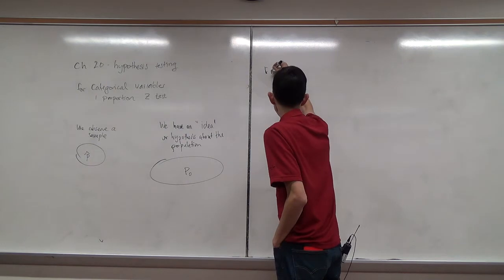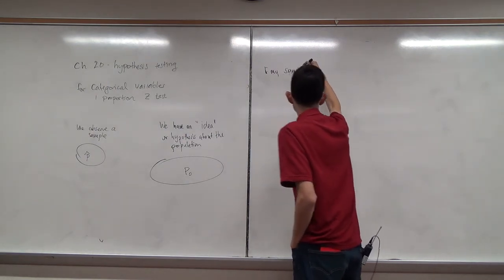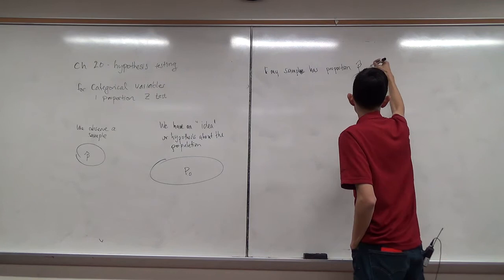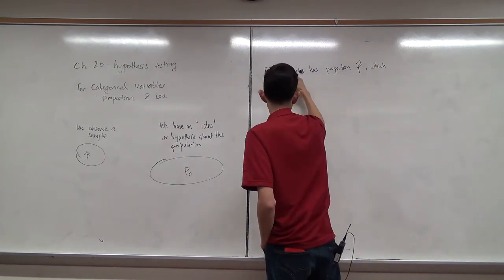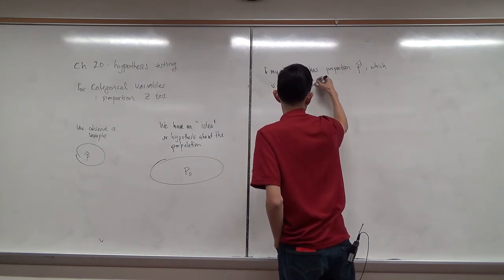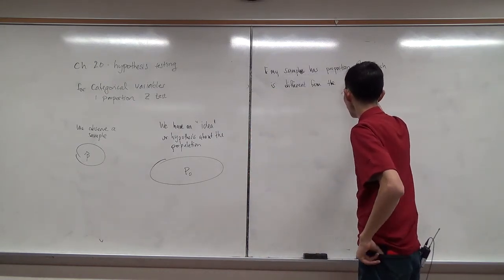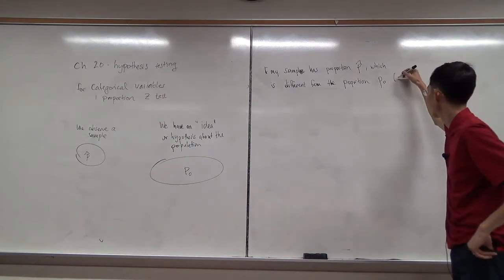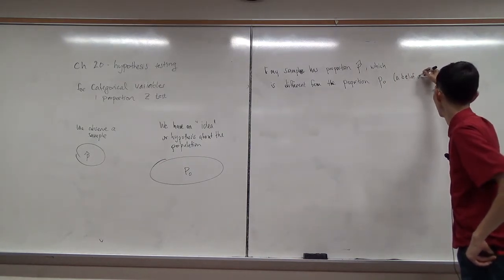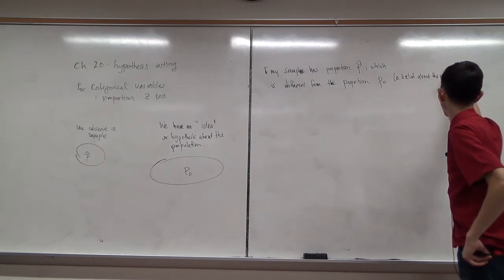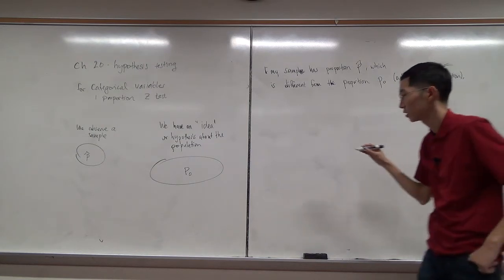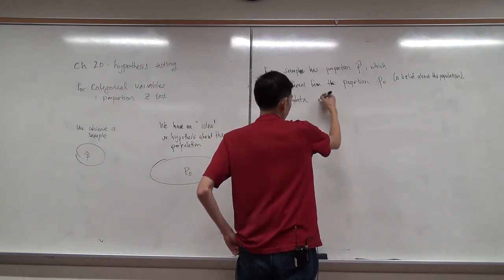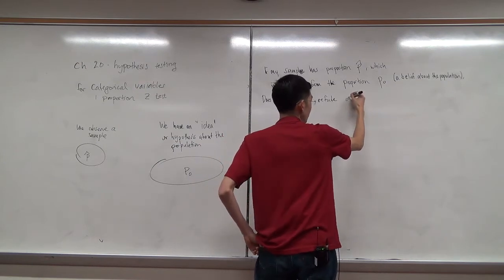If my sample has proportion p hat, which is different from the proportion p0, which is a belief about the population, does this data refute our belief about the population?